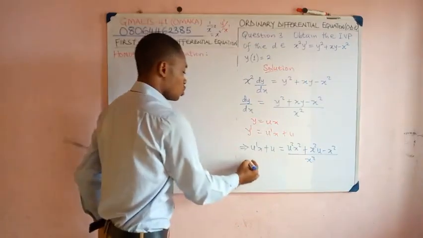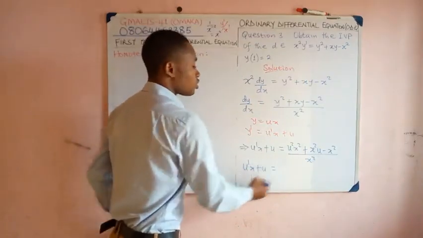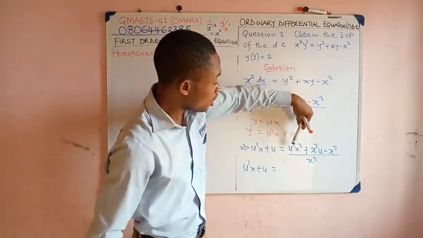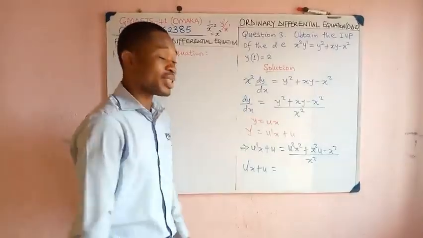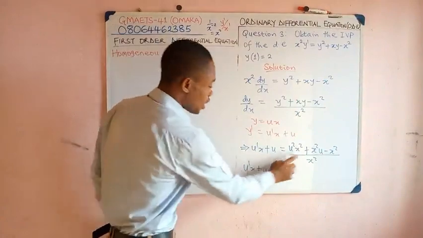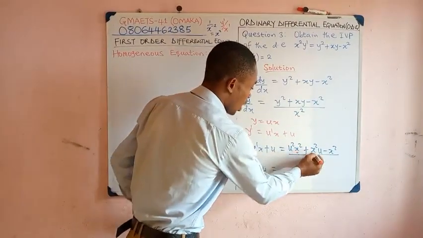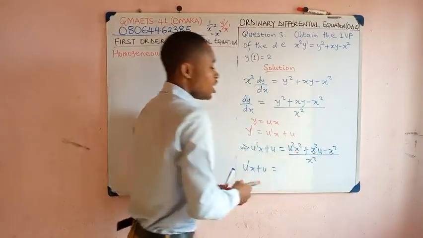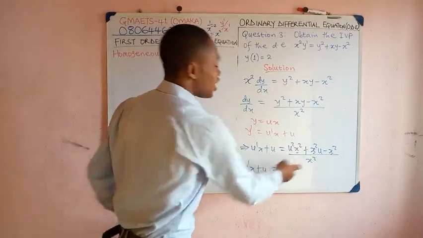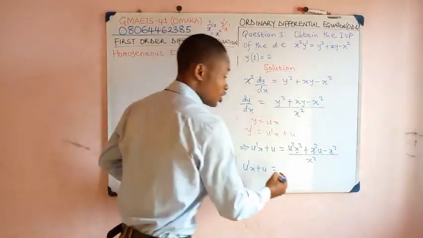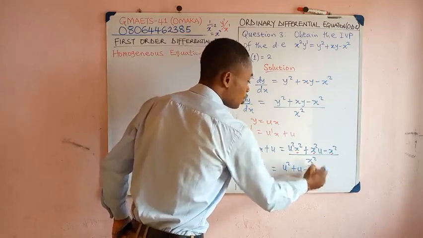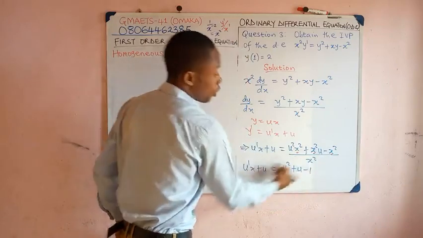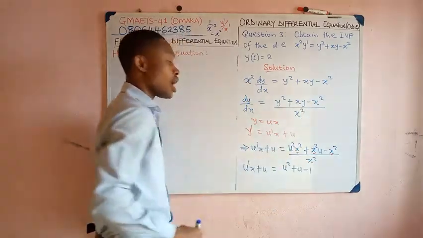Then this is going to give us u prime x plus u equal to, did you take note that in the numerator, x squared is common to all the terms there, so you can factorize the x squared. If you factorize it out, it's going to divide this x squared in the denominator. So you'll be left with u squared plus u minus 1 all over 1. Of course, the x squared has cancelled out already.